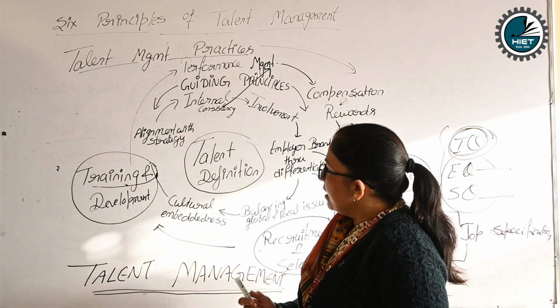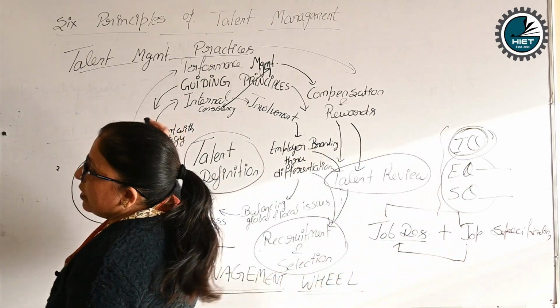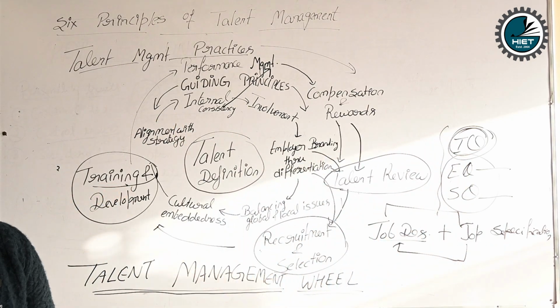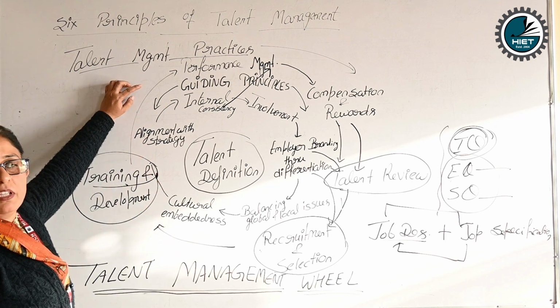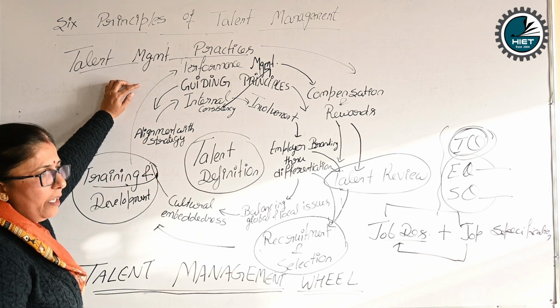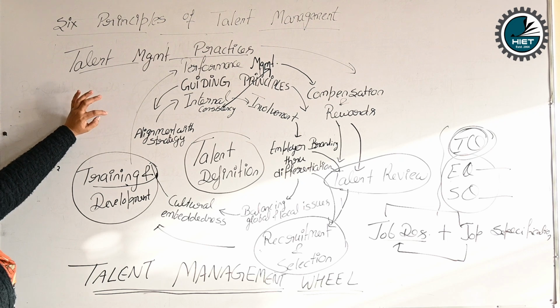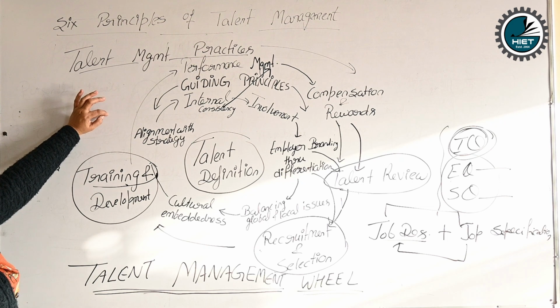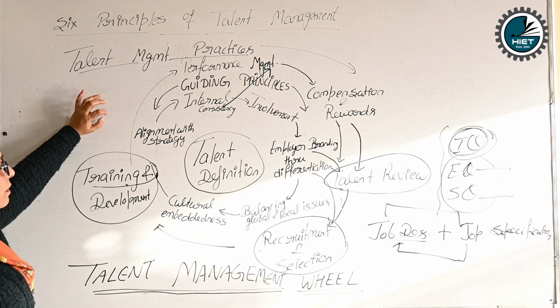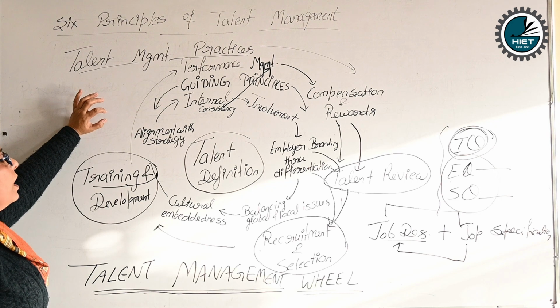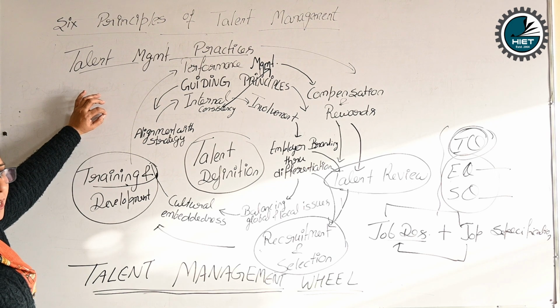Alignment strategy means whatever the company or organization is deciding for achieving its goals, they will have to align with the strategies, like their recruitment policies, their mission and vision policies.